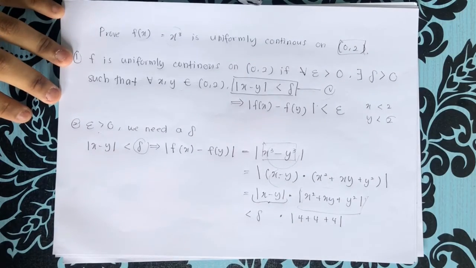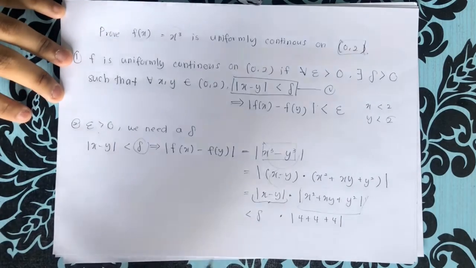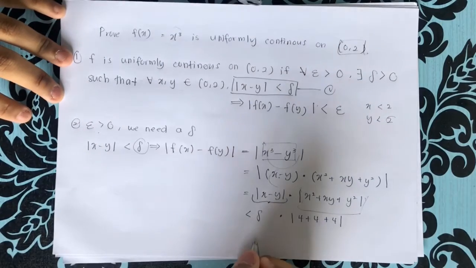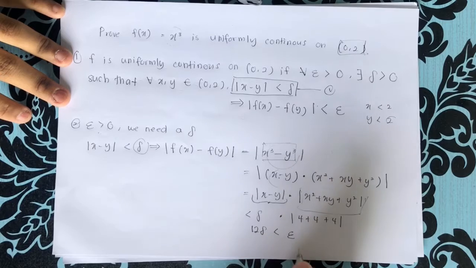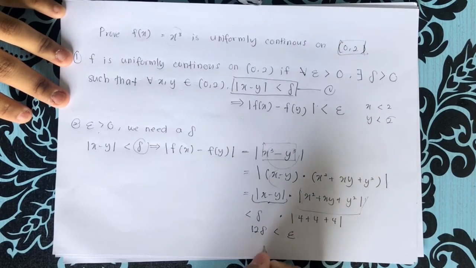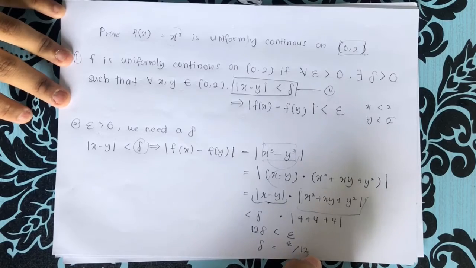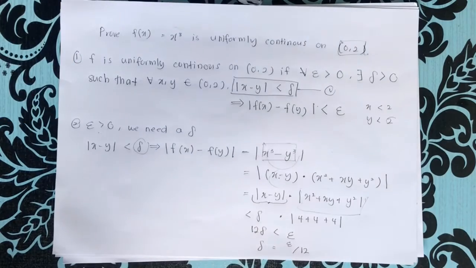So now we get 12 delta, and this 12 delta must be less than epsilon. So delta equals epsilon over 12. Now we already have our delta, so next we only need to do the proof.